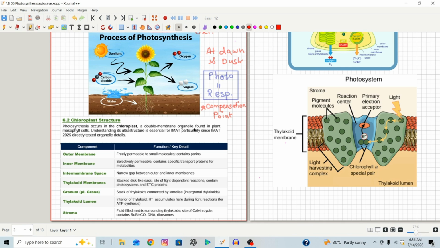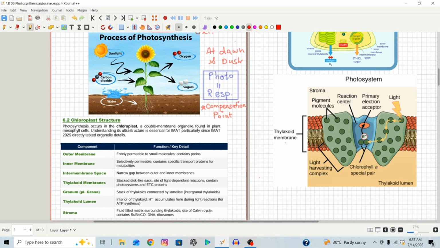So thylakoids are coin-like structures present in stroma, and when you stack thylakoids in a pile, the whole stack of thylakoids is called a granum, and the space inside the thylakoid is called the thylakoid lumen.